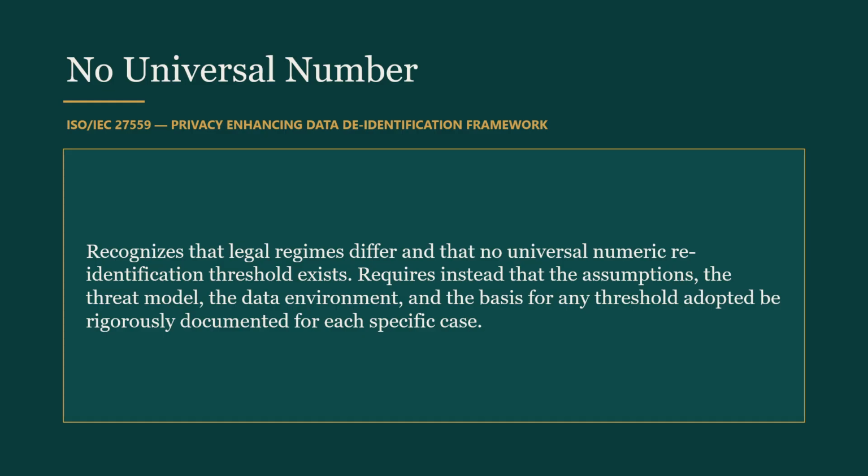Second consequence, and this is the more useful one, the standard tells you what a defensible determination looks like structurally, independent of the number. It looks like an explicit threat model, an explicit environment description, an explicit assumption list, and an explicit basis paragraph tying the chosen threshold to both.